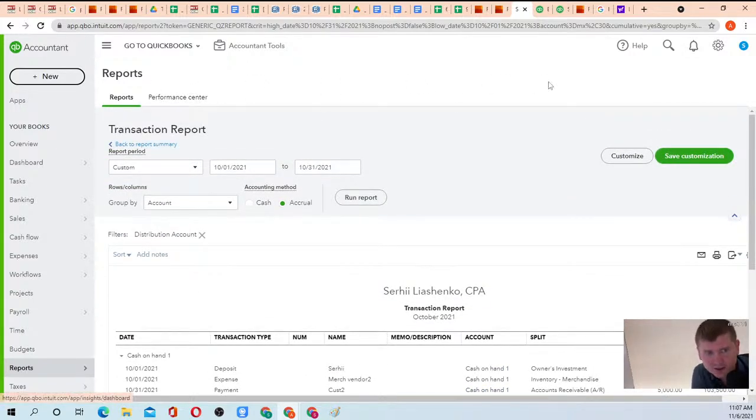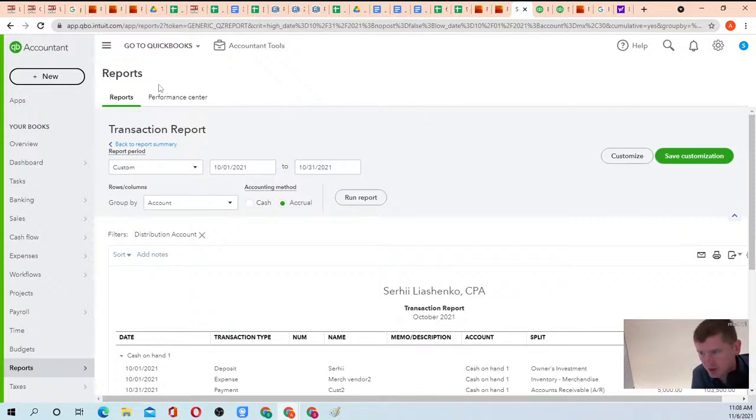Now let's try to do that on credit. So let's assume that we are an accountant in the company, and we do not know how much we will owe on utilities at the end of October, but we still need to reflect some expense.